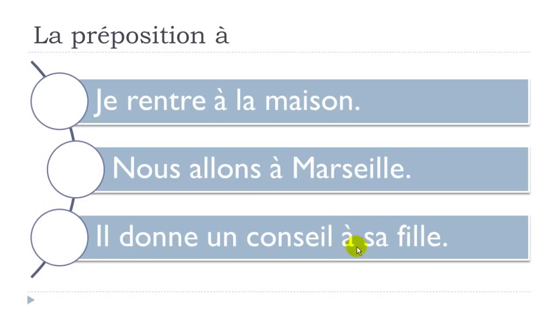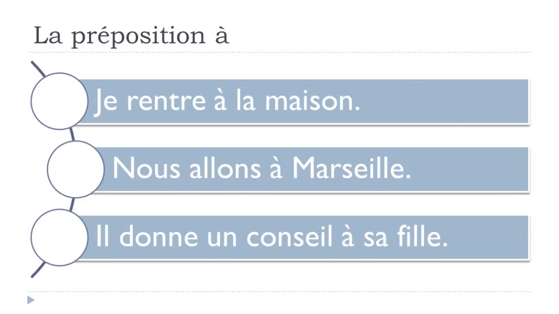So in that case, to his daughter, you should also use this preposition à. So je rentre à la maison, nous allons à Marseille, il donne un conseil à sa fille.